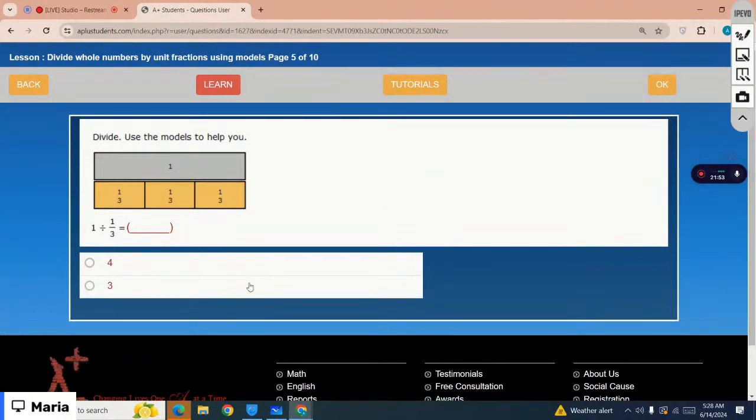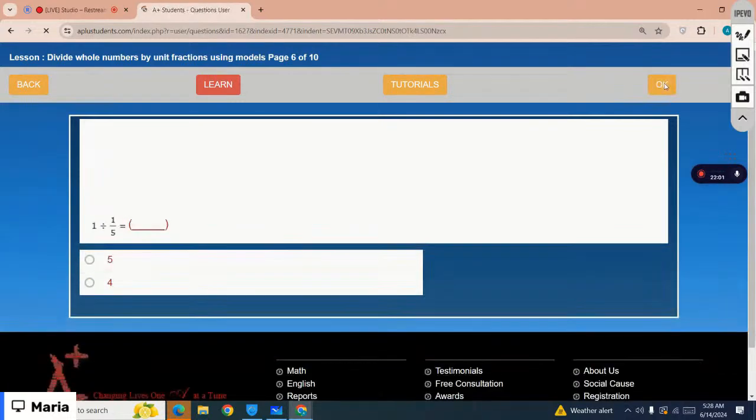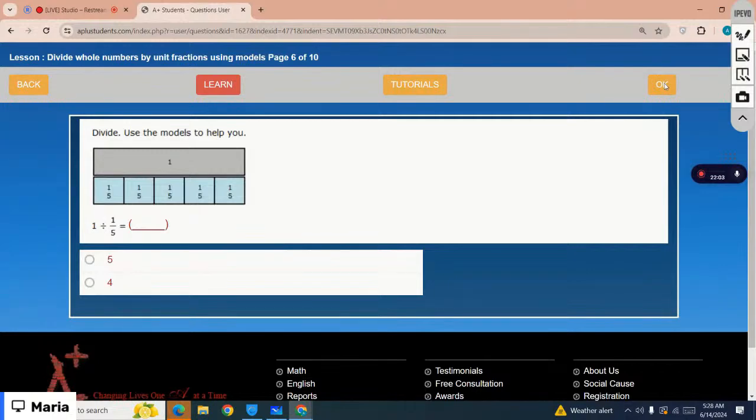The second one is the correct option. Divide.